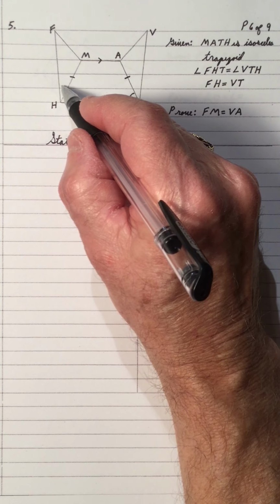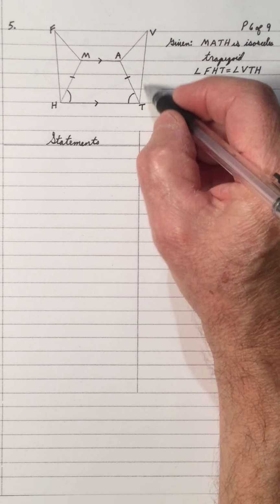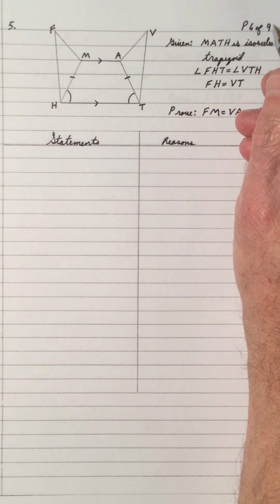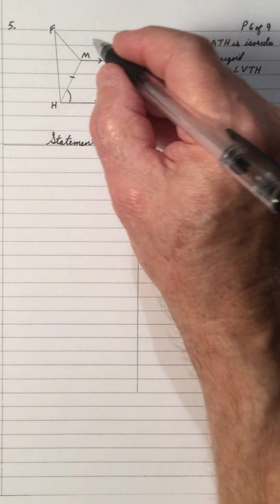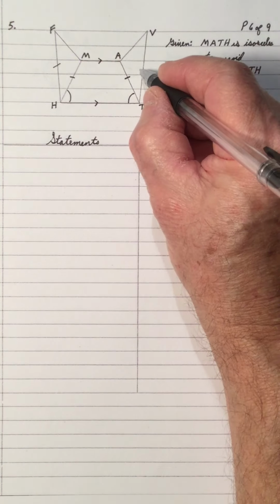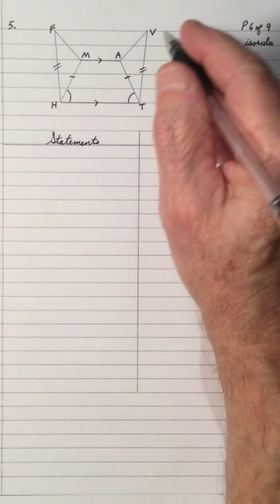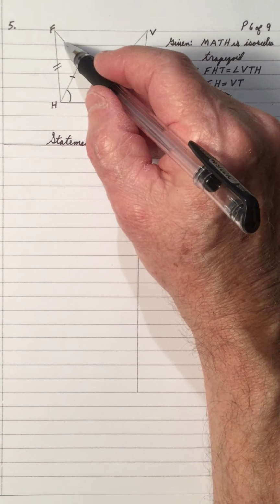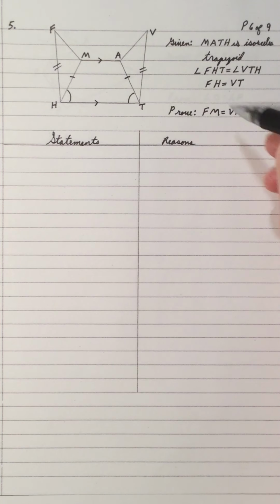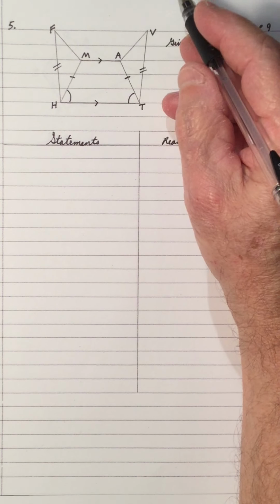So if I subtract, then I'll get FHM equal to VTA. And we have FH equal to VT. So that means I want FM equals VA, so I need to get this triangle congruent to this one.